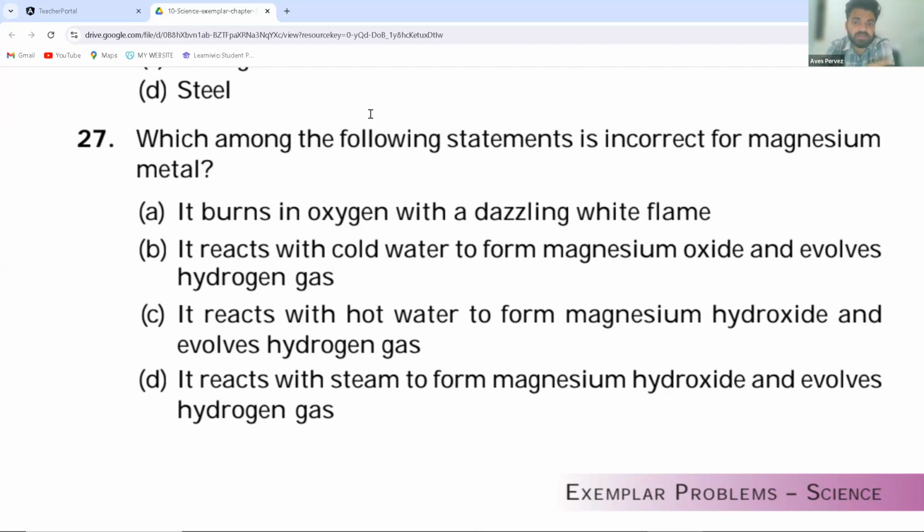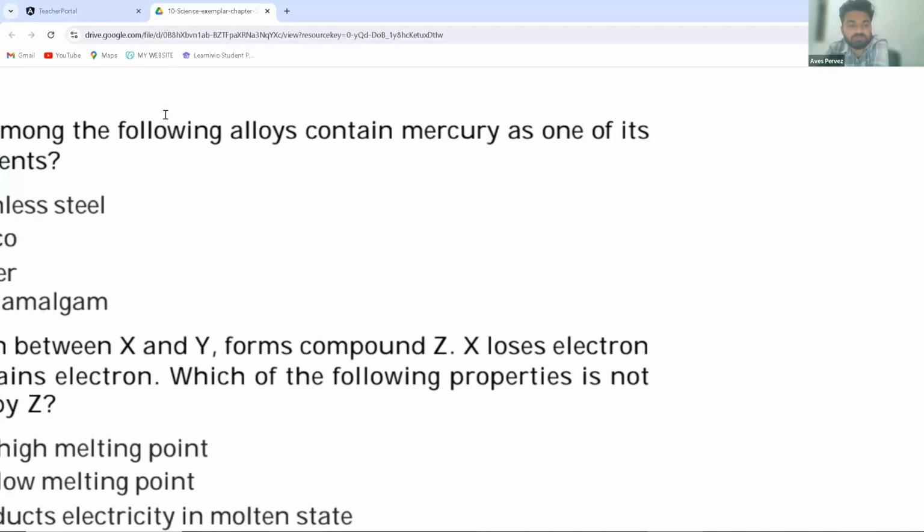B. Yes, it reacts with cold water. No, it does not react with cold water. It reacts with hot water. It reacts with hot water and steam.